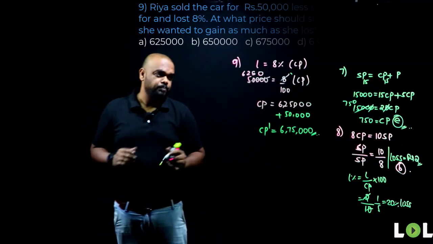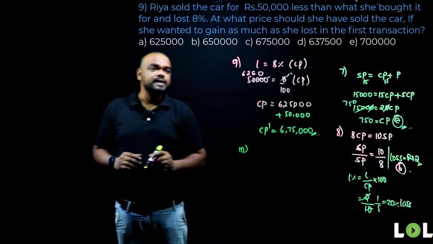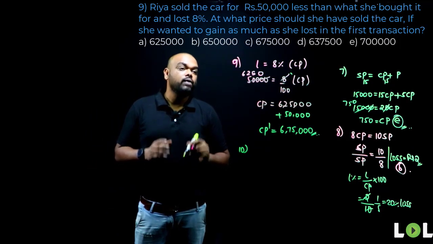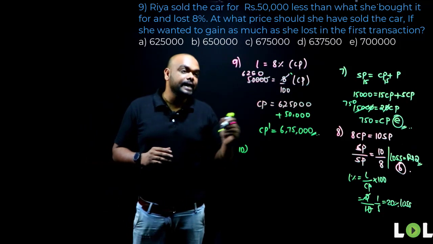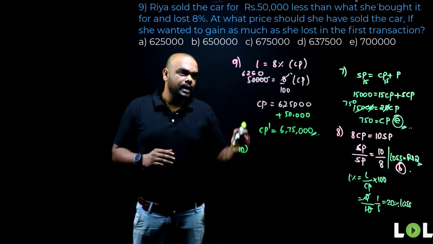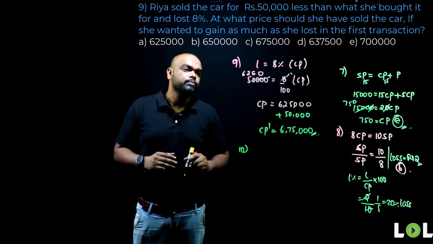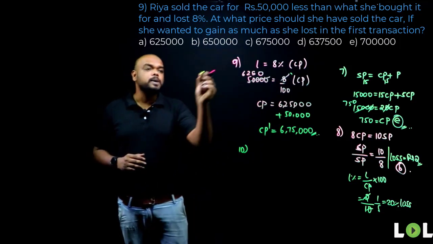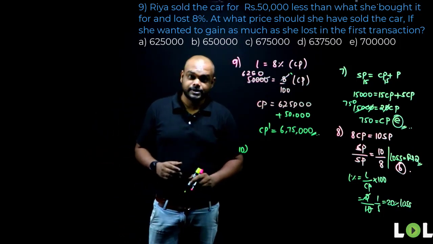Question number 10. What does it say? When the price of the pair of shoes decreased by 10%, and the number of pairs sold increased by 20%, what is the net effect on the sales? Well guys, just by looking at those two numbers, I can clearly tell the answer is 8% increase.